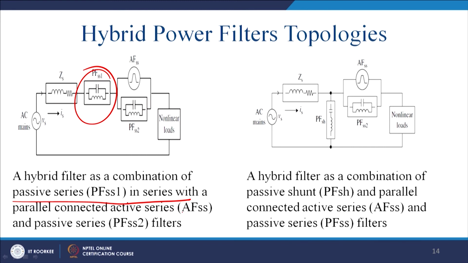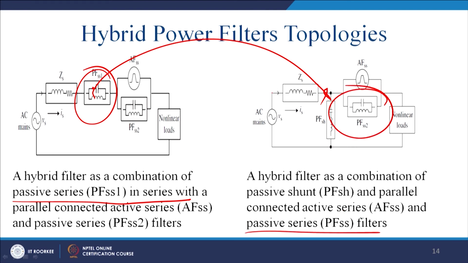If I just tell you these things you will be confused; by understanding the topology you will understand better. And ultimately once you put this entity here, this becomes the hybrid filter as a combination of the passive shunt, this one, and the parallelly connected active series and this shunt combination with the nonlinear load.